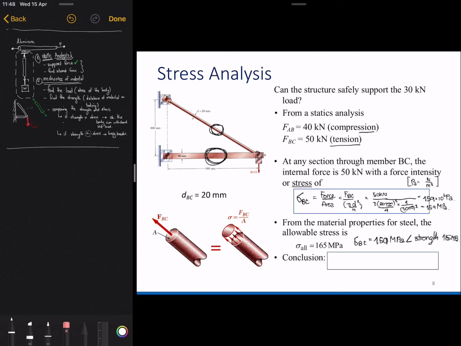So the conclusion is the strength of member BC is adequate, so it's sufficient.